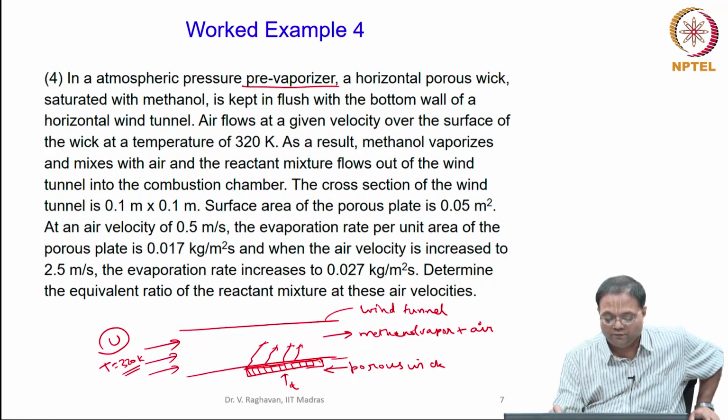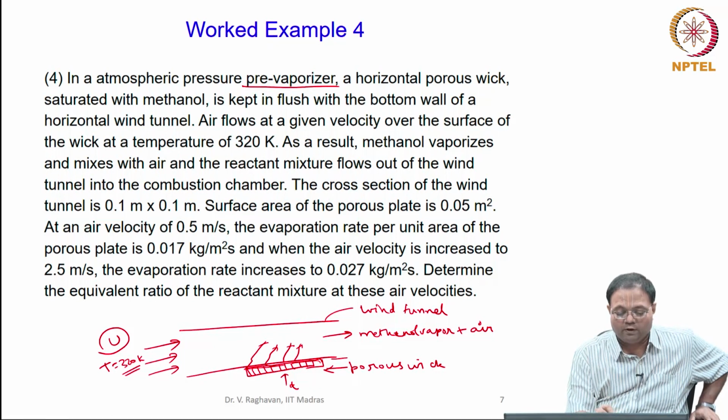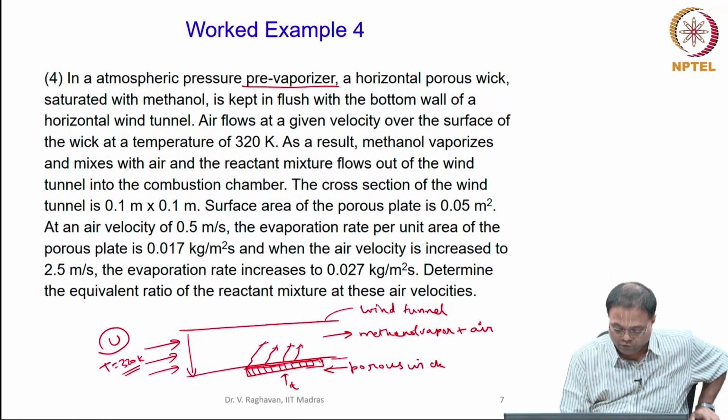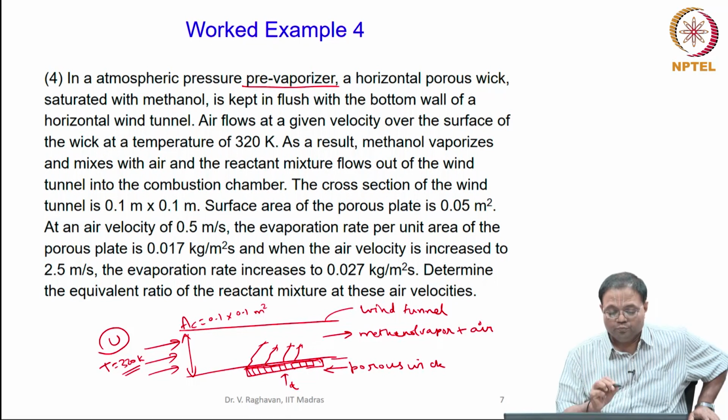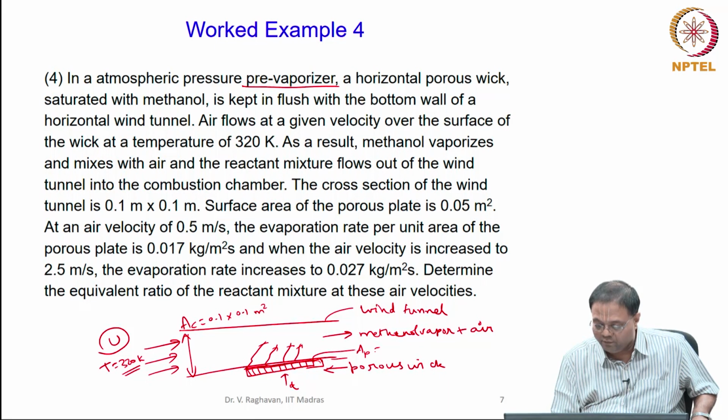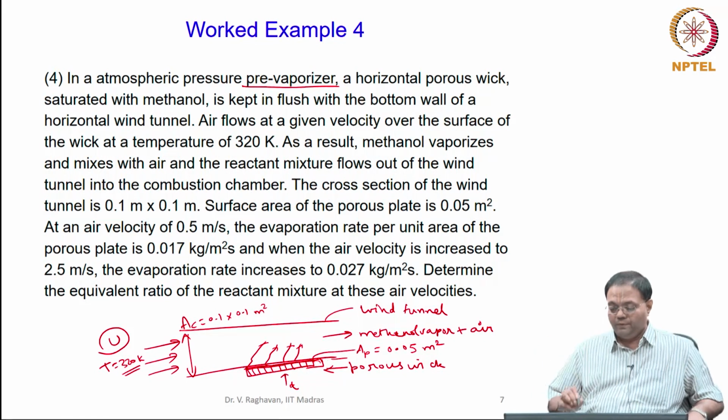The cross section of the wind tunnel is 0.1 meter by 0.1 meter. So the area of cross section is 0.1 by 0.1 meter square, and the surface area of the porous plate, AP, is 0.05 meter square.